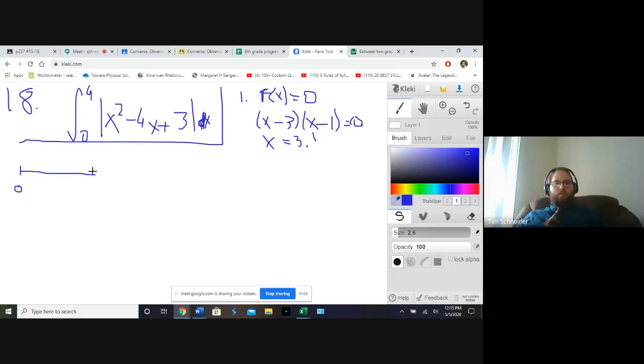We're going from 0 to 4, and we have to stop along the way at 1 and 3 because that's where the function actually hits 0. So it could change from positive to negative and then maybe stay negative, or change to positive after that. But in each region, this is all going to be one thing. So if we take the absolute value of each region, we'll just get the total area.